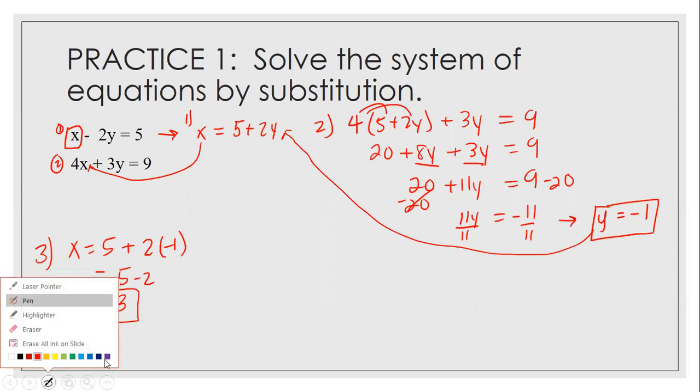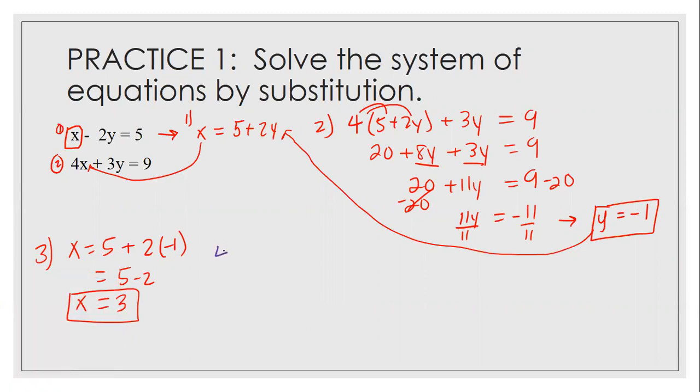Step 4, if I'm not comfortable or sure about my answer, there's one way to figure it out. I'm going to use the one that I did not touch in the beginning. So 4 times 3 plus 3 times negative 1, does it equal 9? So we have 12 minus 3, does that equal 9?